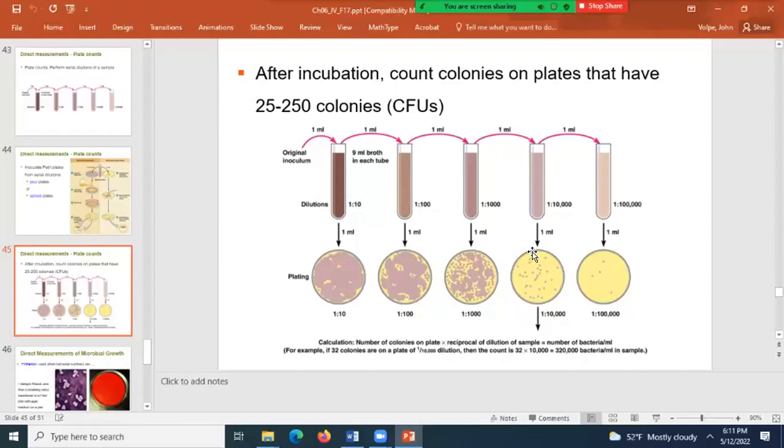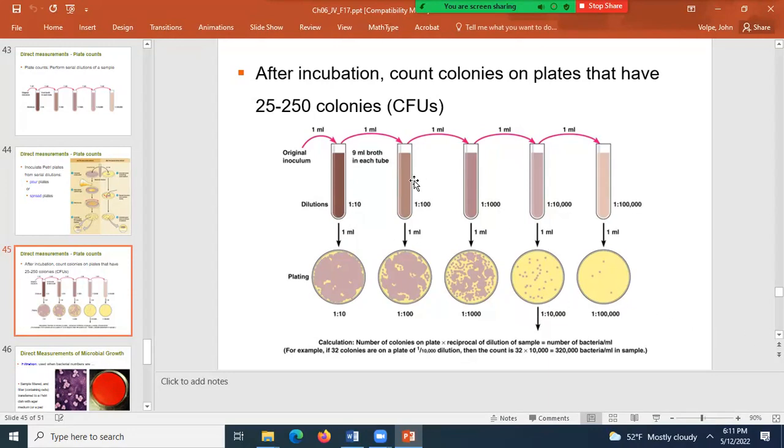And so the mean is more accurate, at least especially its range or its deviation. And that's why we do the count from 25 to 250 rather than less than 25. Any question about any of that?